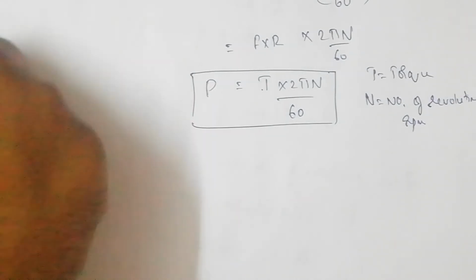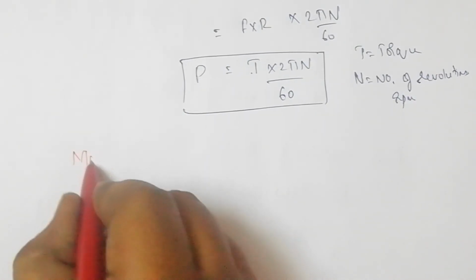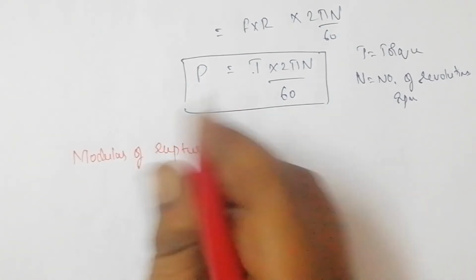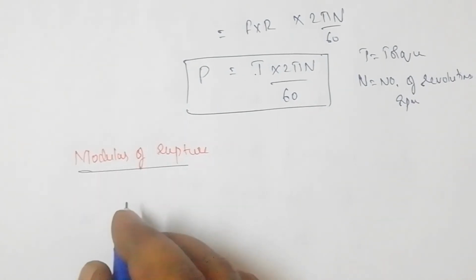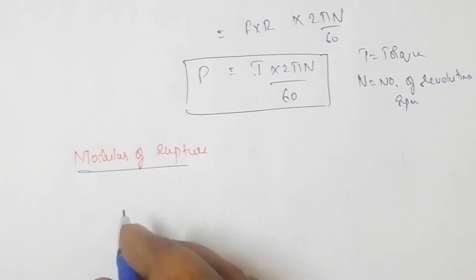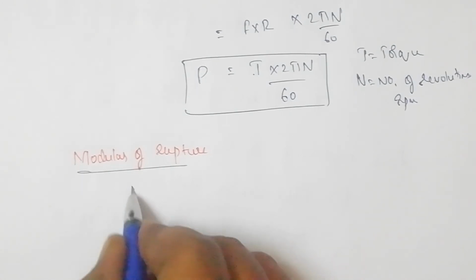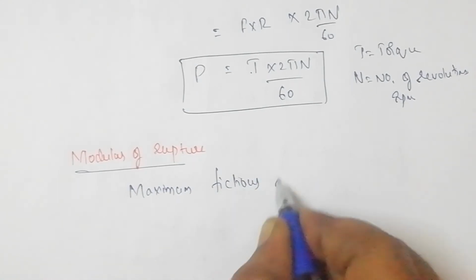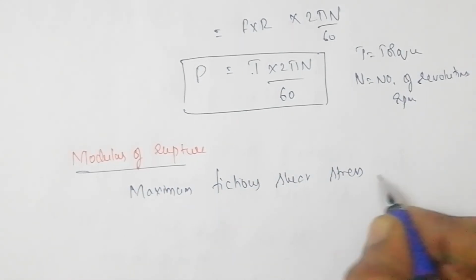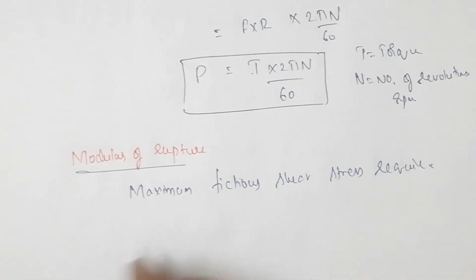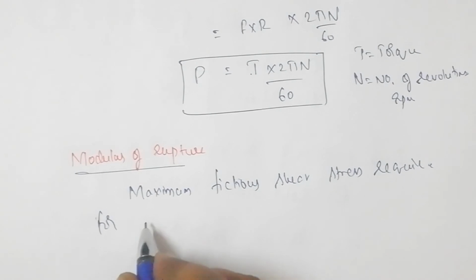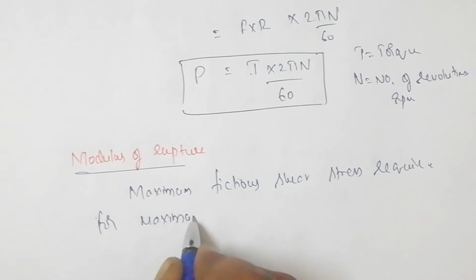Next is modulus of rupture. Modulus of rupture is defined as the maximum fictitious shear stress required for maximum torque.